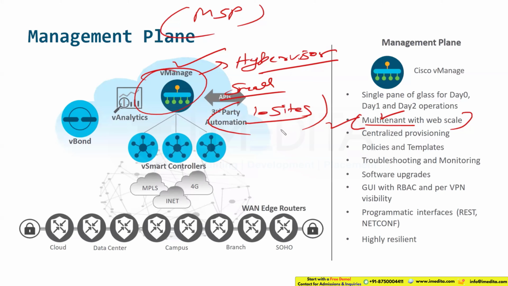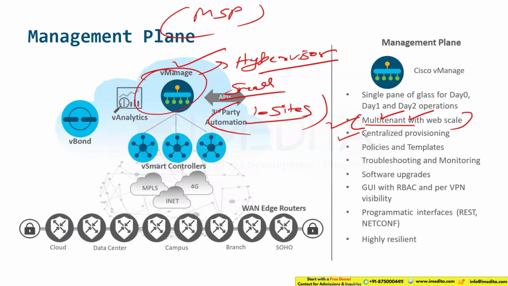So basically what you would do is create a cluster of vManages, and then use that cluster of vManage for multiple small customers. That's how you can reduce the cost for your small customers. So for that purpose, we have got this multi-tenancy. Does that make sense?